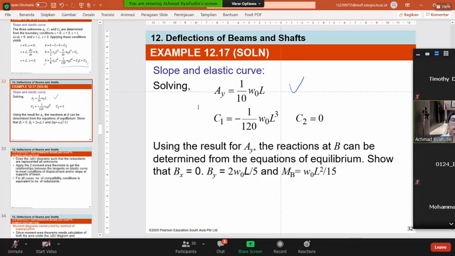I will revise. To solve the indeterminate problem, the concept is to try to find as many formulations as possible. Using the double integration method, we already have two more equations.